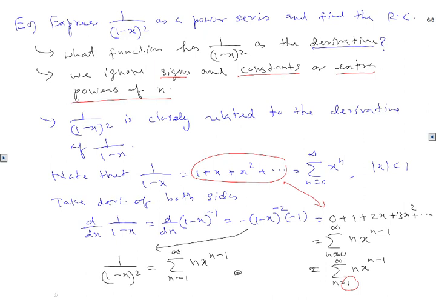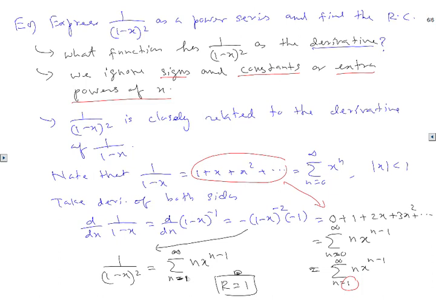And the radius of convergence is still the same, because when you take the derivative, the radius of convergence does not change. So R is still 1. Okay, so that's the answer: 1 over (1 minus x) squared equals sigma n going from 1 to infinity of n x to the n minus 1.